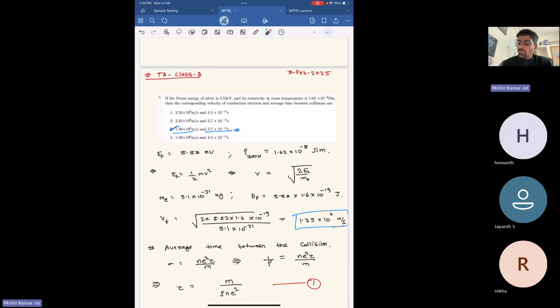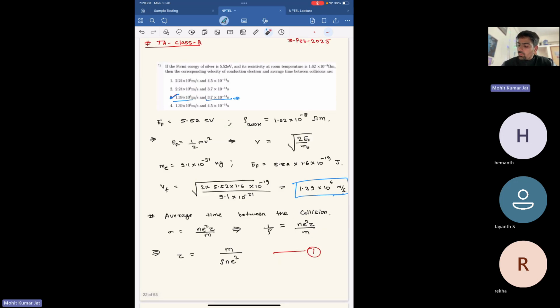The first question was if the Fermi energy was given, the resistivity at room temperature was also given, and the question asked what the corresponding velocity of the conduction electron and the average time. So conduction electron velocity, we write it as under root 2 E by m, and that gives 1.39 into 10 power 6. Then the next part was relaxation time.